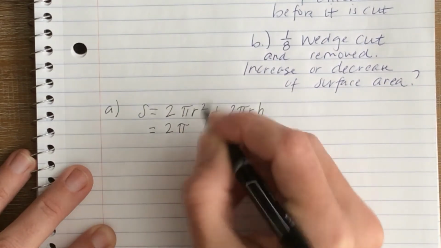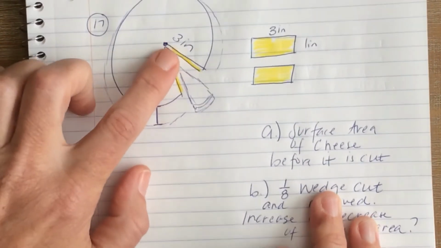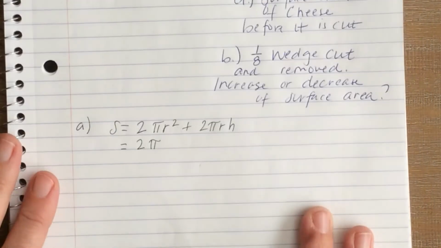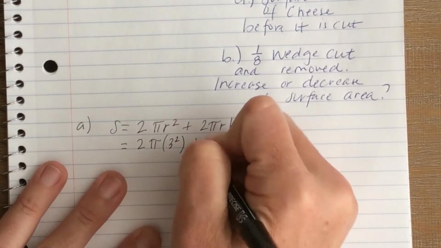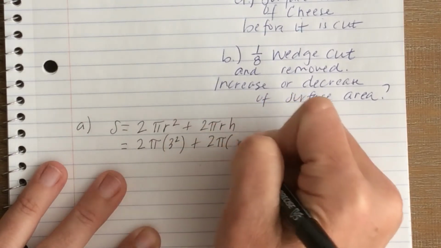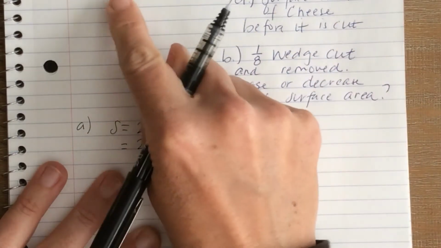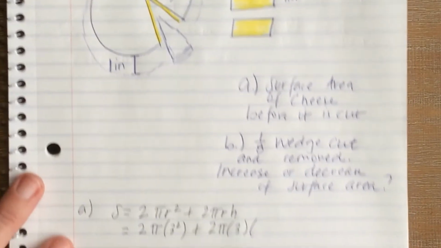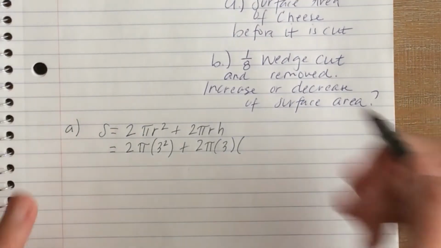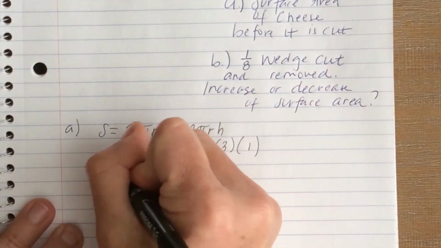Equal to 2 pi, the radius was 3 inches, so that's times 3 squared plus 2 times pi times 3, and then the height of this little cheese wheel is 1 inch.